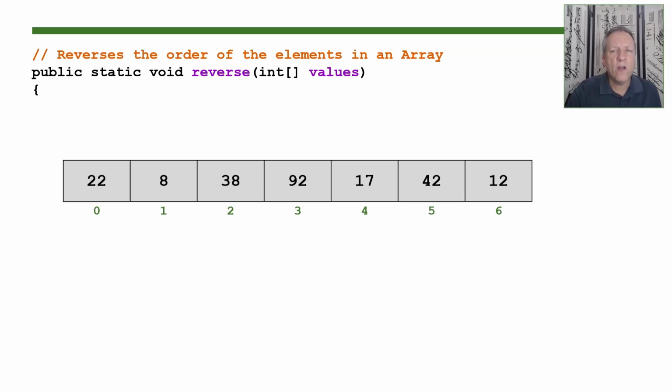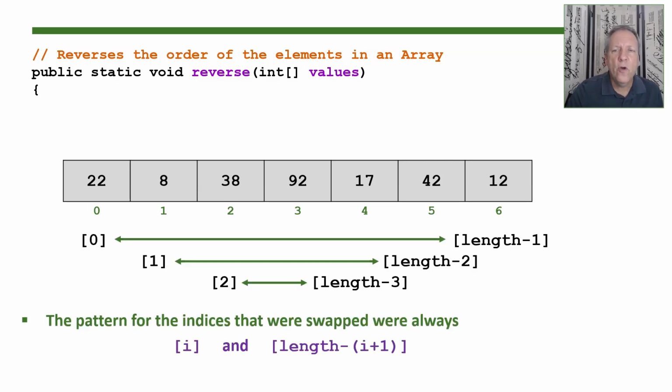So I want to point out a couple of things here. You'll notice that index 0 swapped with index length minus 1, 1 swapped with length minus 2, and the element at index 2 swapped with the element at index length minus 3. So index i always swapped with index length minus i plus 1.